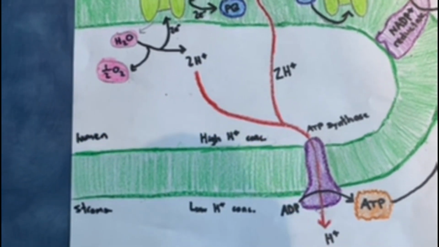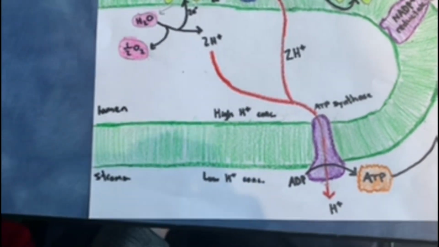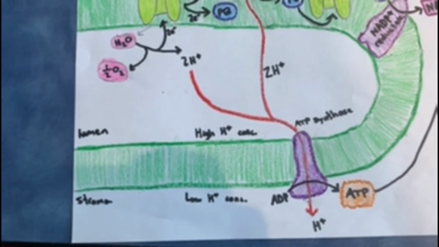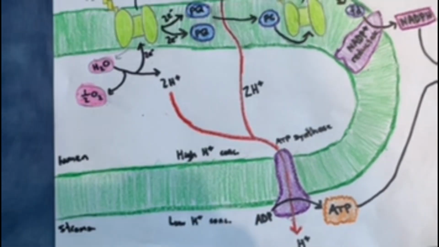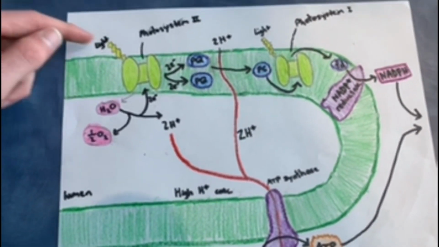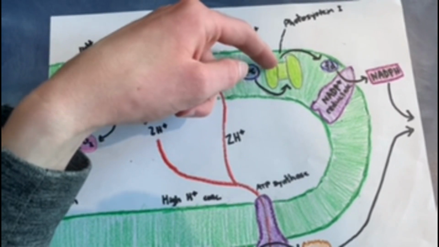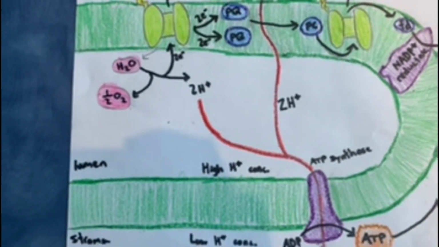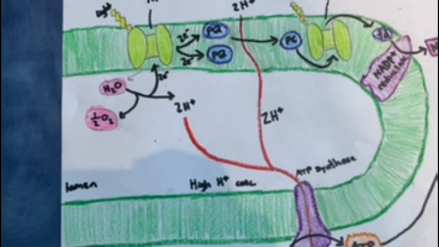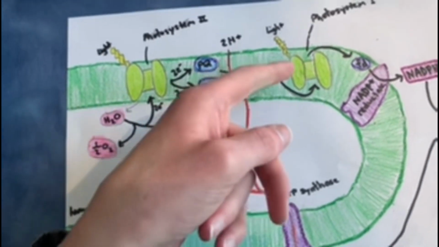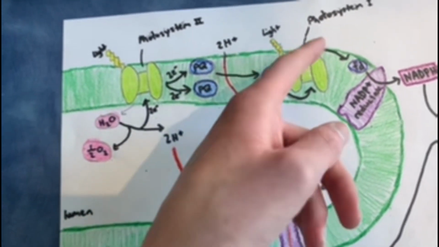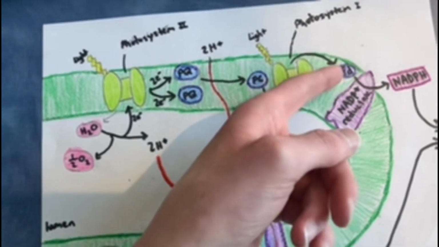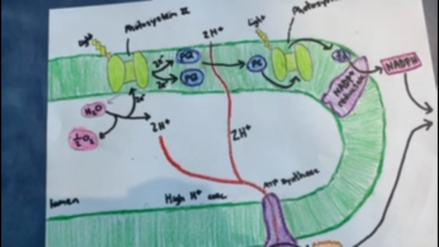electron acceptor. Then the next step is when photosystem 1 is photoactivated, and this happens in the same way that photosystem 2 is activated, where the chlorophyll molecules absorb photons of light. After this happens, the electrons from photosystem 1 are received by ferredoxin, which is the next acceptor.